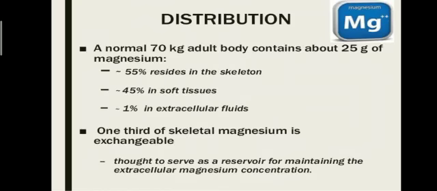Now distribution. A normal 70 kg adult body contains about 25 gram of magnesium.